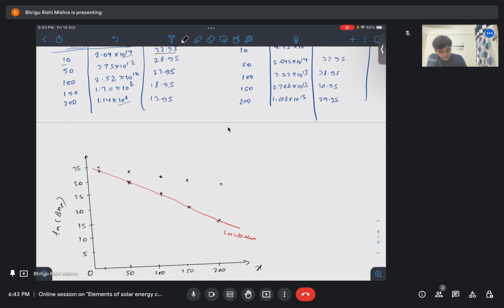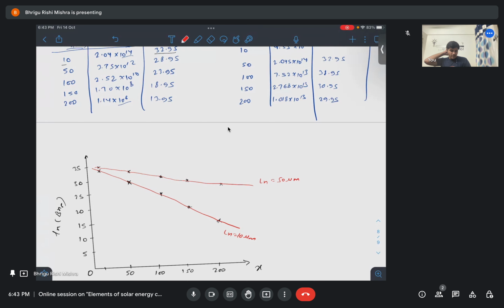Okay, so it also follows the trend, but the slope is not the same as the first line. So this is for ln equals 50 micron.